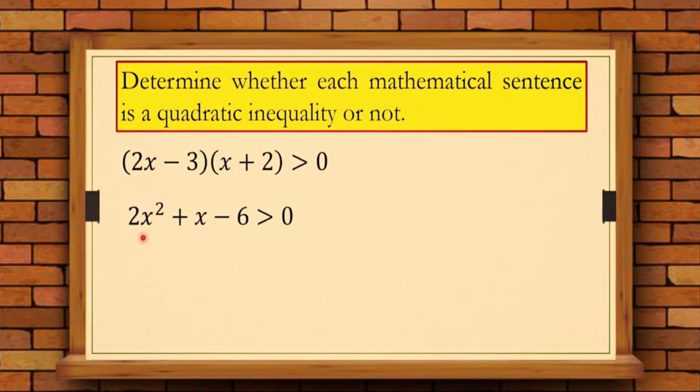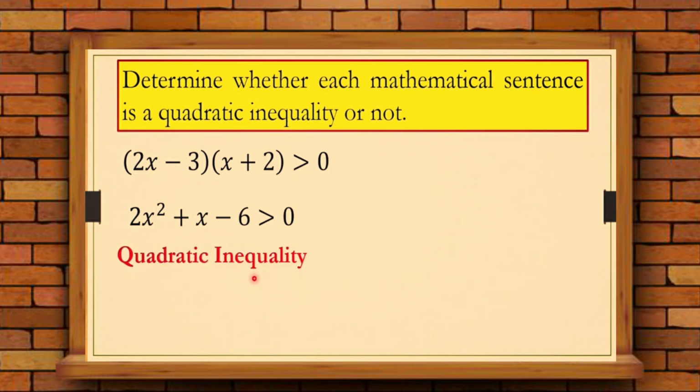So, you have 2x squared plus x minus 6 is greater than 0. If you are done solving it, we can identify now if it's quadratic or not. Let's see. Is it of degree 2? Yes. Is its a not equal to 0? Yes. And its symbol is greater than. Therefore, this is a quadratic inequality.